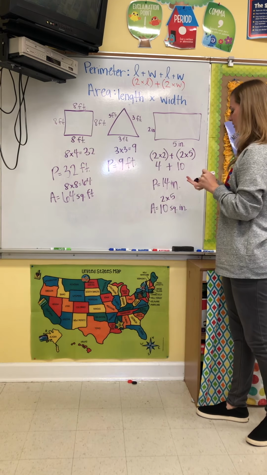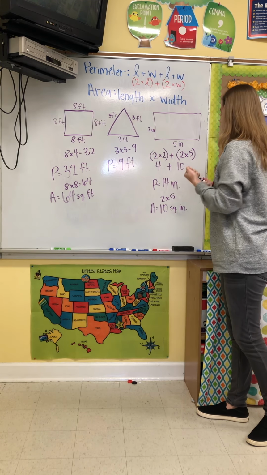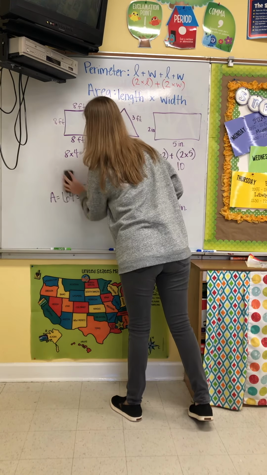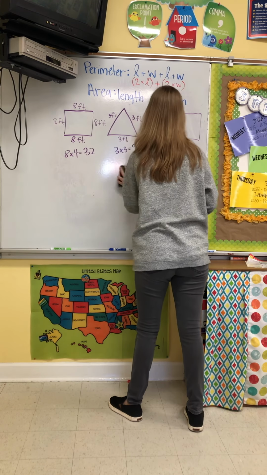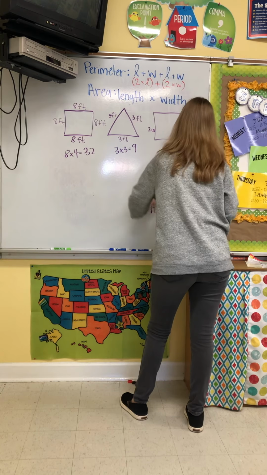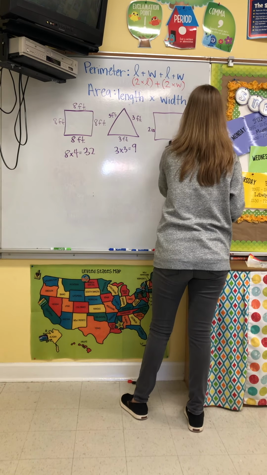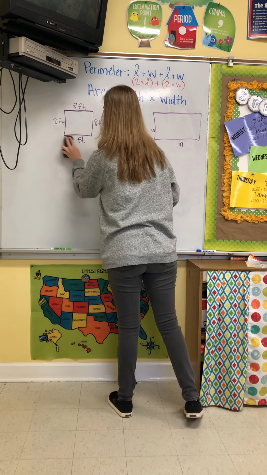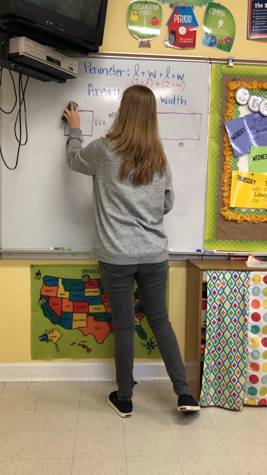Okay, so let's go ahead and practice one more, before we finish, just so we're sure that we know what we're doing. Okay, so I'm going to change up my numbers.